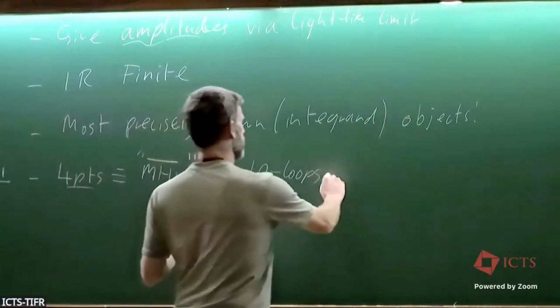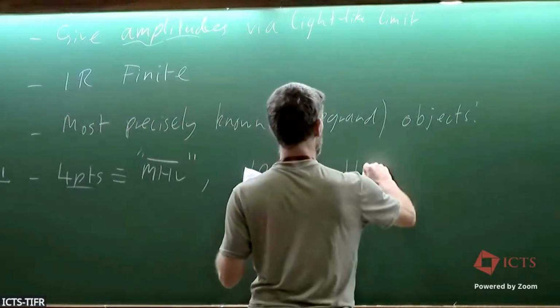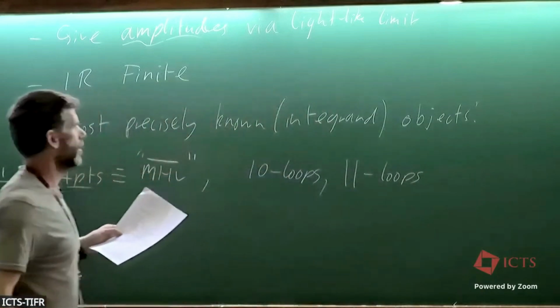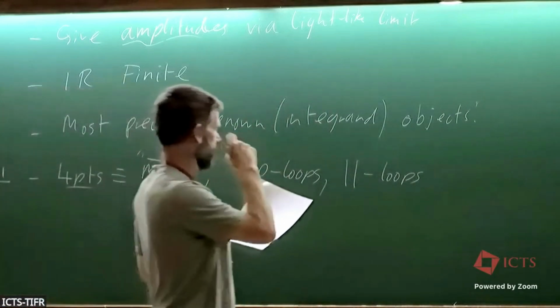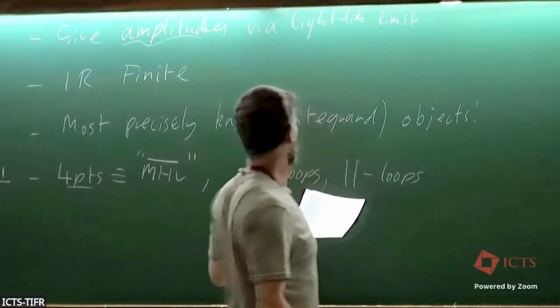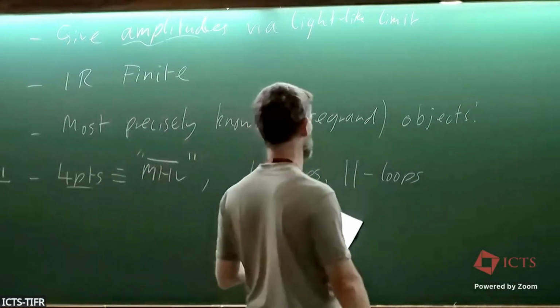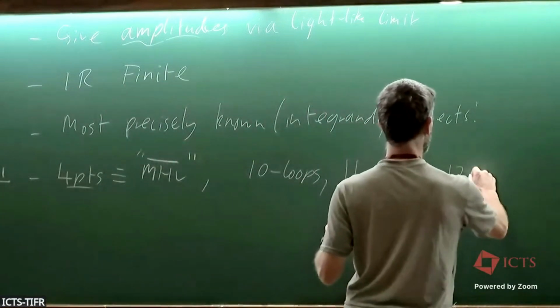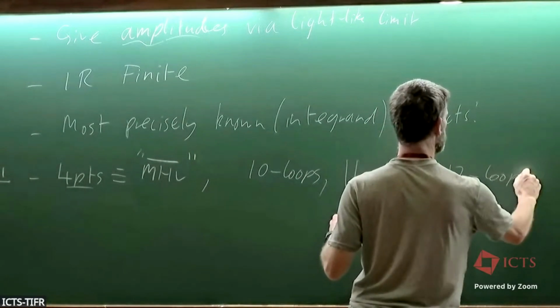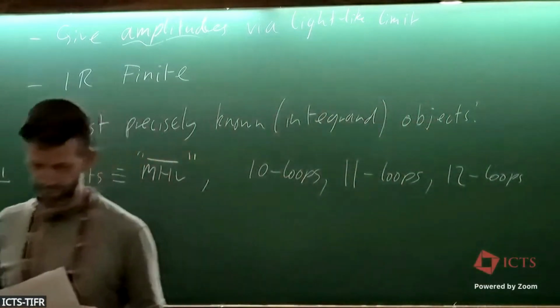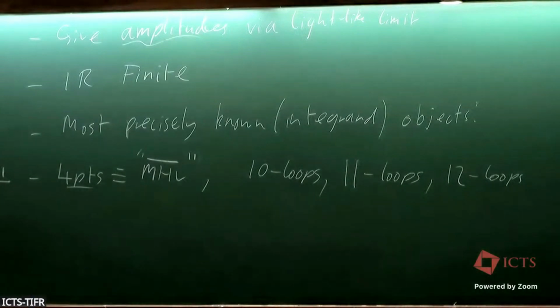And then last year, Song He and his mainly students in Beijing did 11 loops. And in a recent paper the other day, he was promising 12 loops. This is future work with Jake and Song and Xi and Tang. This is promised.